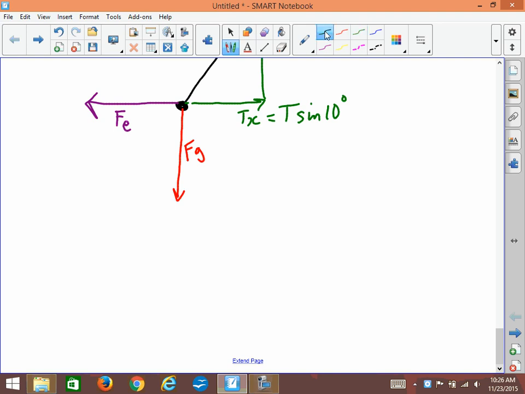So I'm going to start with F net y. So this is actually the solution to part A, finding the tension. If you look at F net y, you see there's only two forces. There's an Fg down, and there is a T cos 10 as the other component, right? The Ty.